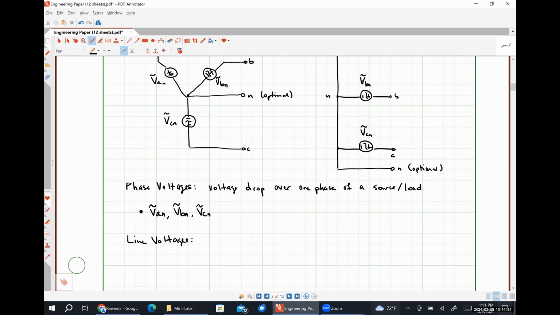A line voltage is just a voltage drop between the transmission line terminals of a source or load.